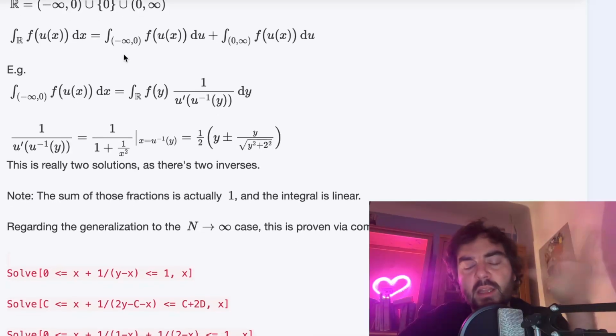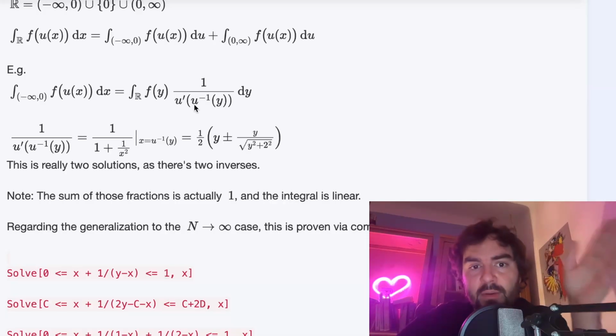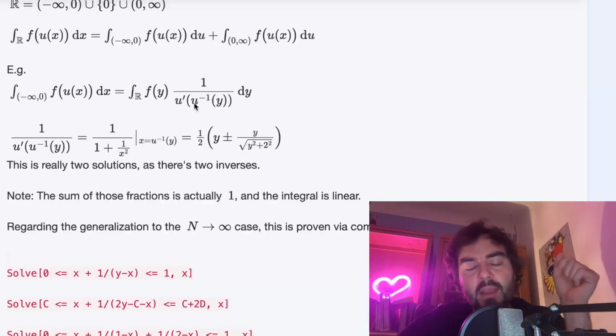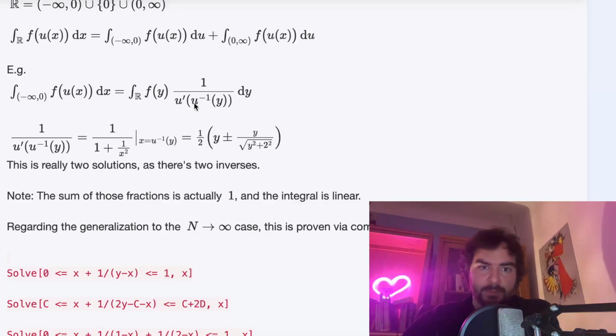You can apply the generic transformation rule for these integrals, which in this case, for scalar functions, is just 1 over the derivative, with the correct values on the x-axis. In general, this is the Jacobian, and then there are 2 inverses.